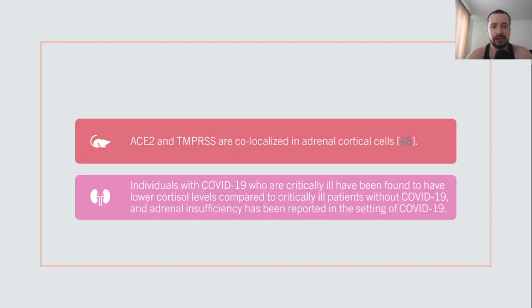ACE2 and TMPRSS2 are co-localized in adrenal cortical cells. Individuals with COVID-19 who are critically ill have been found to have lower cortisol levels compared to critically ill patients without COVID-19, and adrenal insufficiency has been reported in the setting of COVID-19.